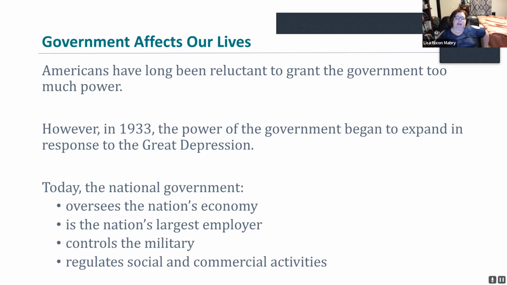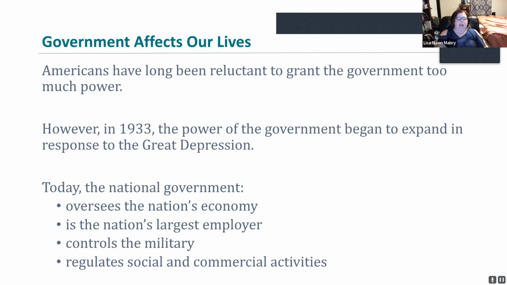to pull us out of the Great Depression. As a result, today the national government oversees a lot that it wasn't originally intended to. But the founding fathers also couldn't have foreseen the Great Depression happening. So now our government oversees our economy. It's the largest employer, with government contracts and the military and stuff like that.